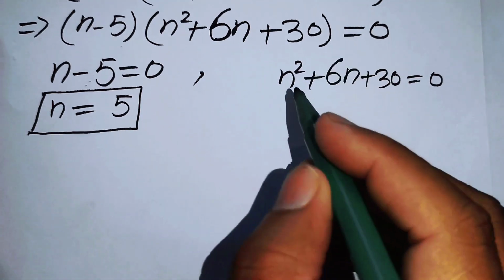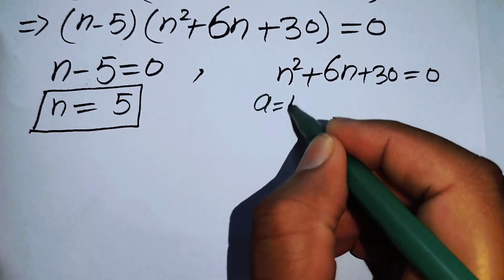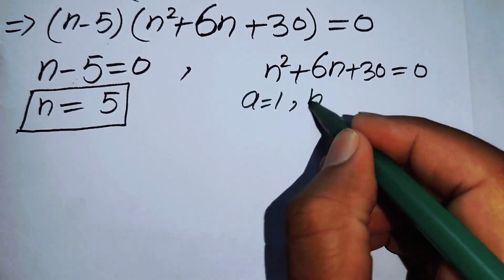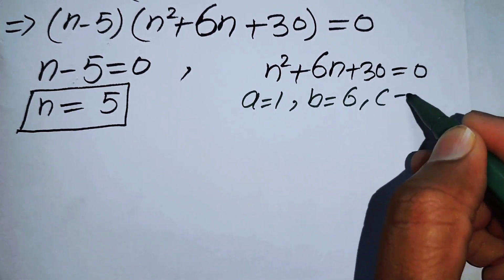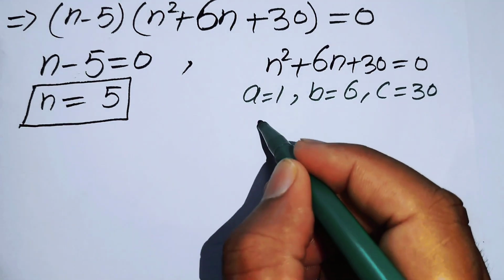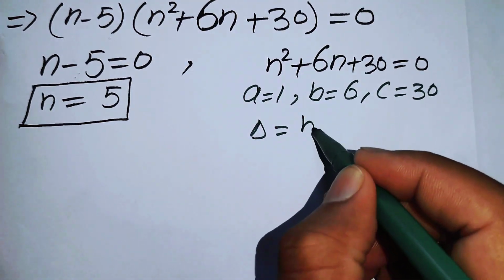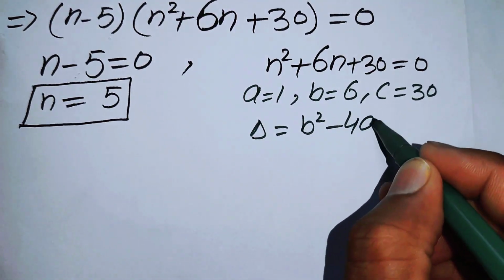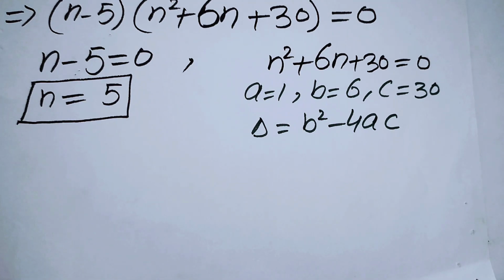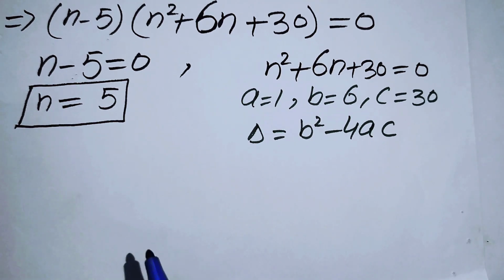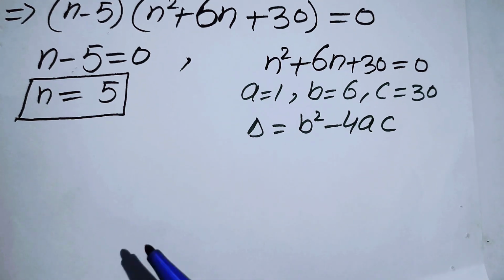Here you have a is equal to 1, b is equal to 6, and c is equal to 30, and our discriminant formula is b squared minus 4ac. You need to understand a little bit about this discriminant formula.